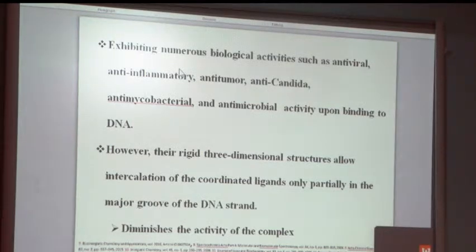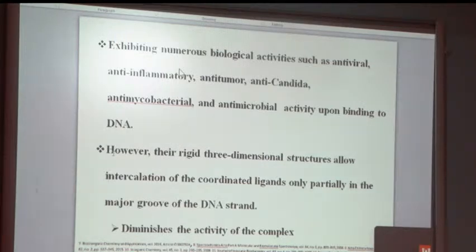Such compounds are exhibiting numerous biological activities such as antiviral, anti-inflammatory, anti-tumor, anti-candida, and antibacterial and antimicrobial activity upon binding to the DNA. However, still there is a very big concern about these molecules.